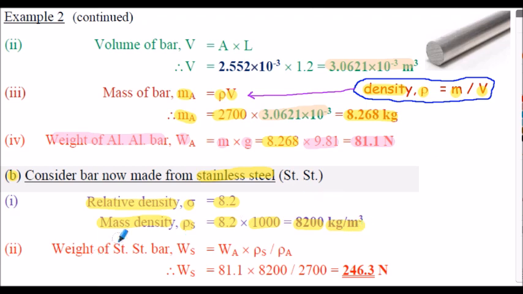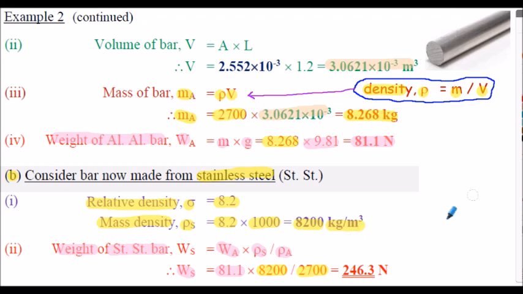Now to work out the weight of the stainless steel bar, we can simply ratio the weight of the aluminium alloy bar with the ratio of densities of stainless steel to aluminium alloy. In other words, this simplifies the above calculations. So in this case, the weight of the stainless steel bar is the weight of the aluminium alloy bar multiplied by the mass density of stainless steel, 8,200, divided by the mass density of aluminium alloy, 2,700.